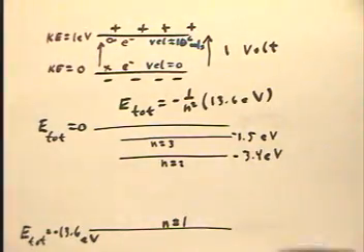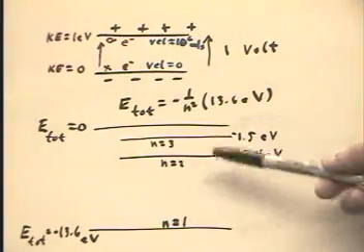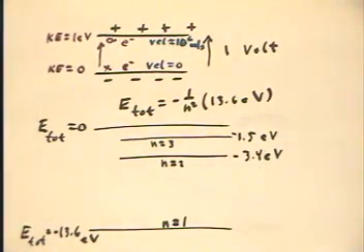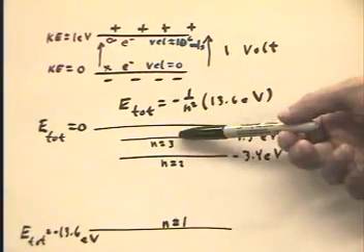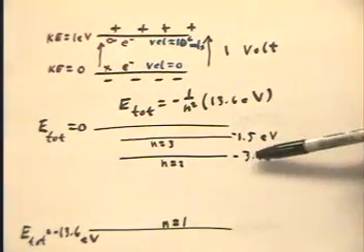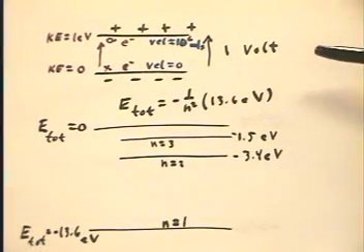Another thing I'll mention is that if an electron is in the n equals 3 state, it will spontaneously fall into the n equals 2 or n equals 1 state, and rather quickly, as a matter of fact. If we fall from the n equals 3 to the n equals 2 state, we are going to lose 1.9 electron volts, which will be carried off by a photon.